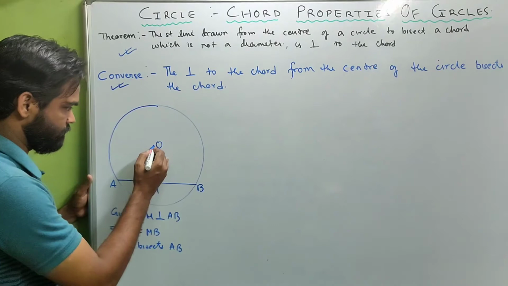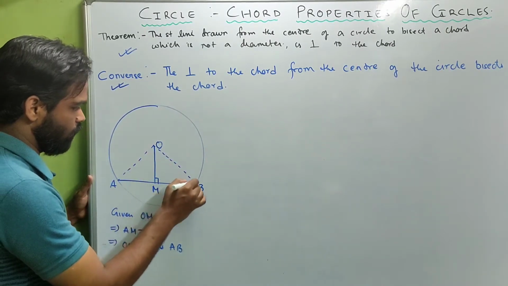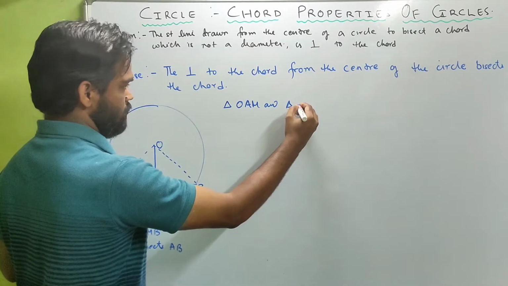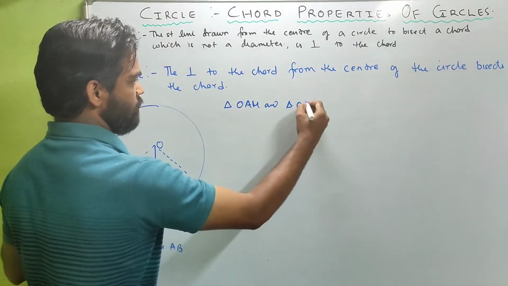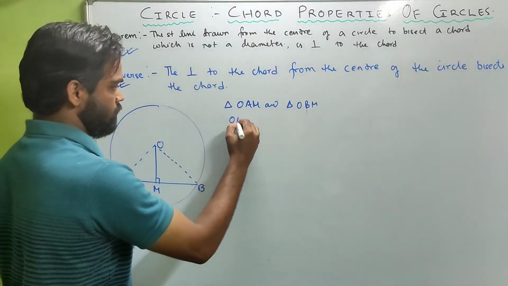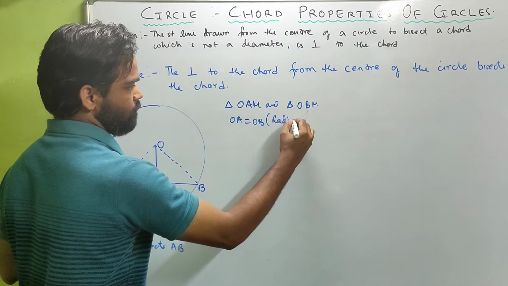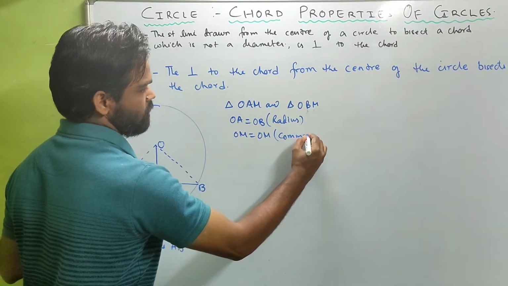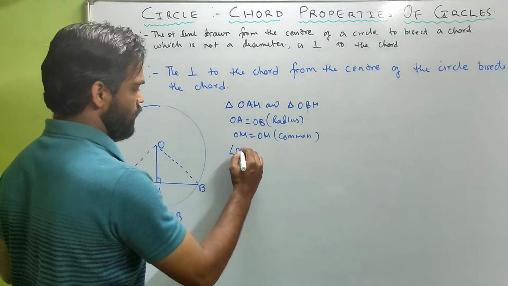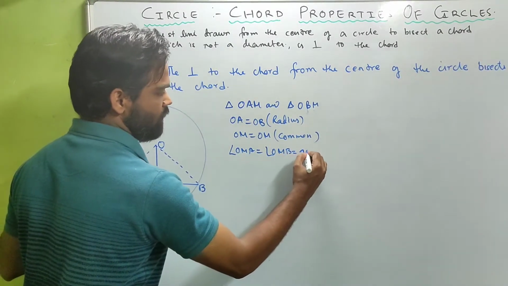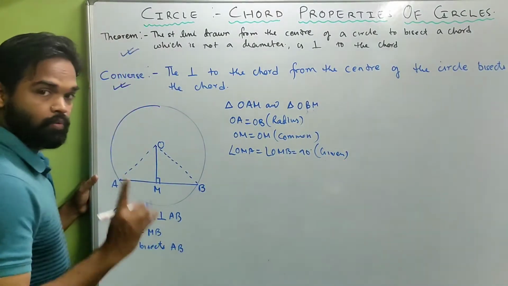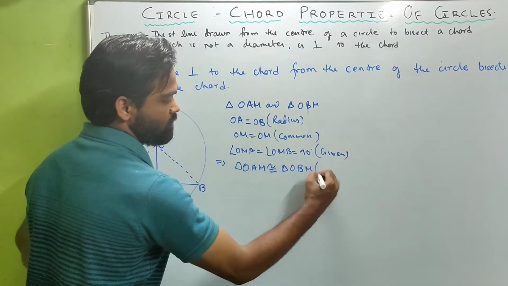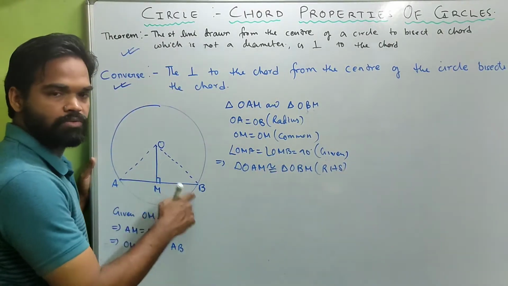Let us see the proving. Same manner, see. We'll join OA and OB. Now, in triangle OAM and triangle OBM, OA is equal to OB, that's the radius for the circle, isn't it? OM is equal to OM, that's the common side. Angle OMA is equal to angle OMB equals to 90 degree, that's given to us, which means triangle OAM is congruent to triangle OBM, and the reason is RHS, right angle, hypotenuse, and one of the side is equal.